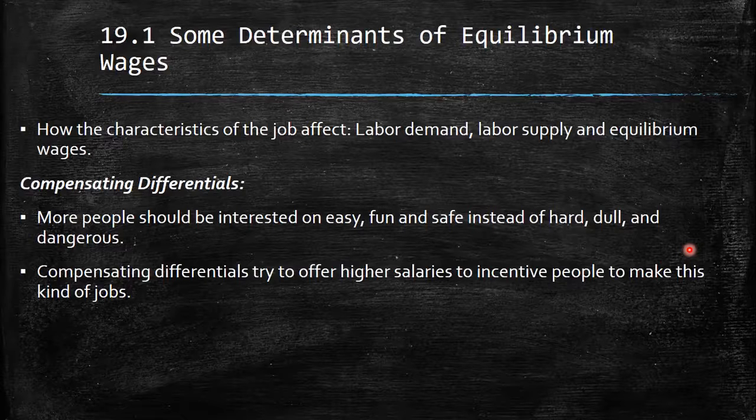The compensating differential offers higher salaries to give people an incentive to do these kinds of jobs. People with the same characteristics, with the same level of education, but with some difficult work, will receive more.